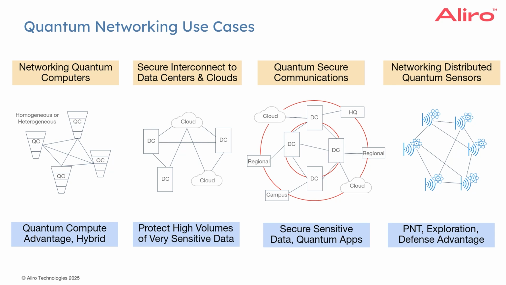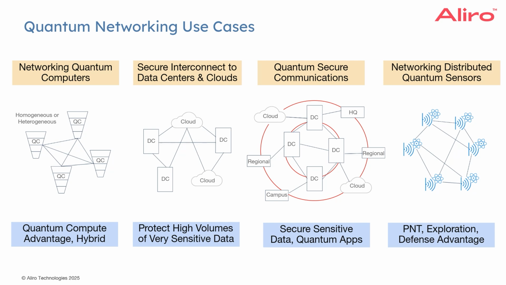On the far right of this slide, we're showing the networking of quantum sensors. There are many quantum sensors on the market. Atomic clocks are an example. There are also quantum sensors, gravitometers and magnetometers that sense metal. And these sensors capture a quantum state.